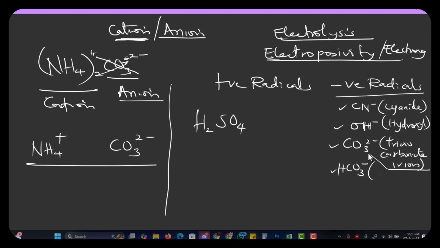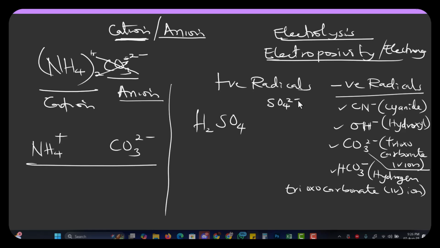This one is called hydrogen trioxocarbonate IV ion. I'm just listing out some of the radicals so that it will make our work easier, so that some of you will not get confused about how I identify the one that is an anion or cation.